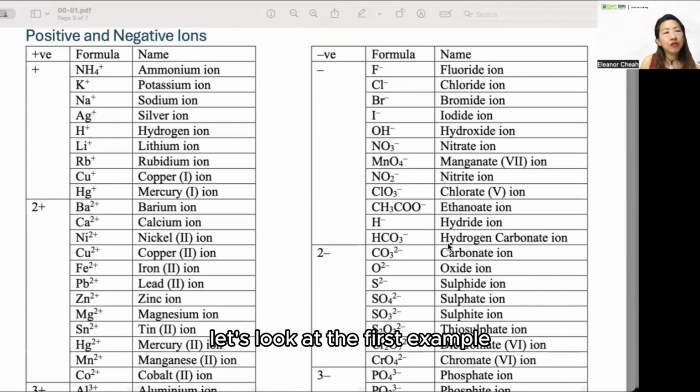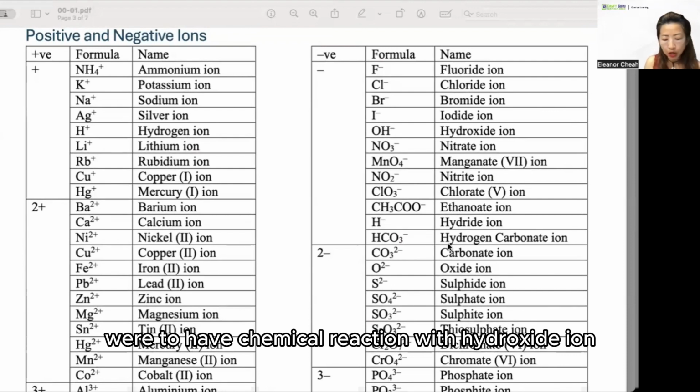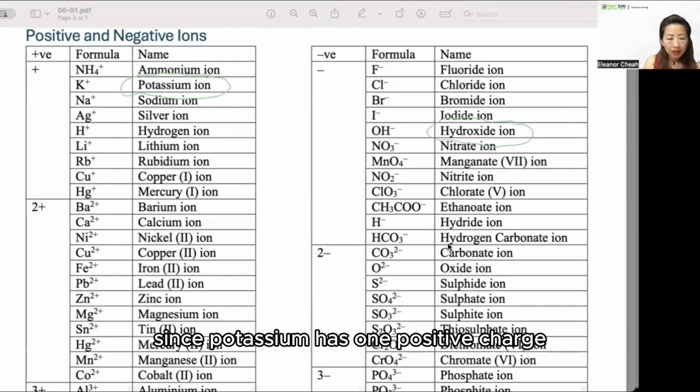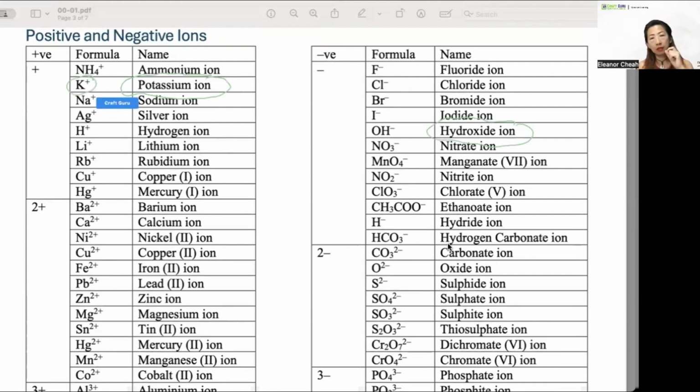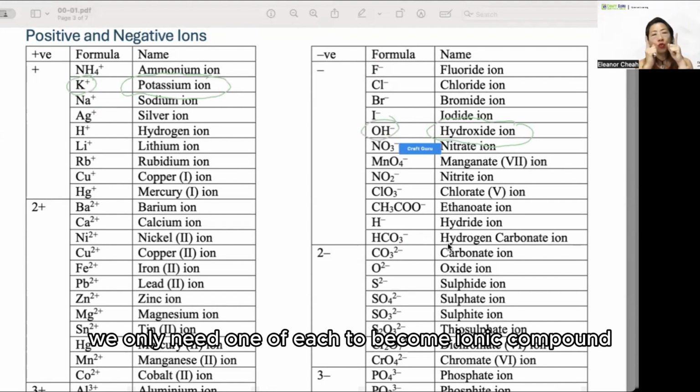Let's look at the first example. If potassium were to have a chemical reaction with hydroxide ion. Since potassium has one positive charge, hydroxide ion has one negative charge, so we only need one of each to become an ionic compound.